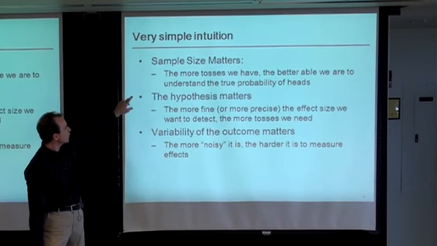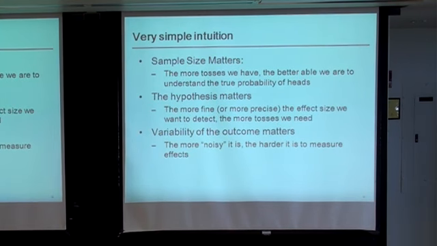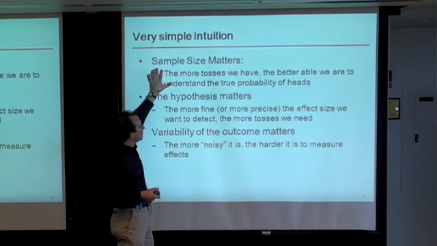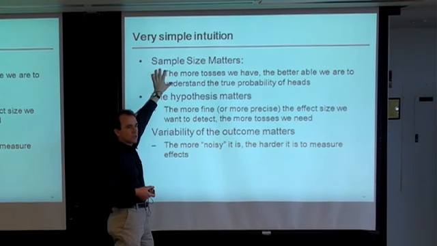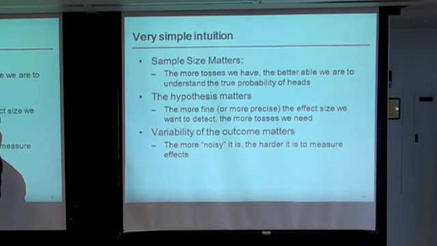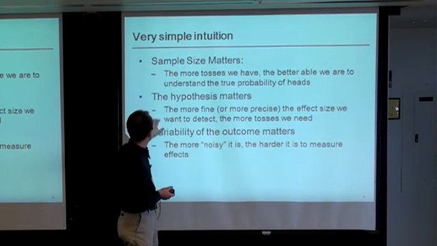So in some sense, what are the three things, the ingredients that we've talked about in terms of thinking about whether you have a statistically significant difference? Well, if you think back to the gambler example, we talked about how sample size matters, right? If we saw 1,000 tosses, we had much more precision about our estimates than if we had 10 tosses or 5 tosses.